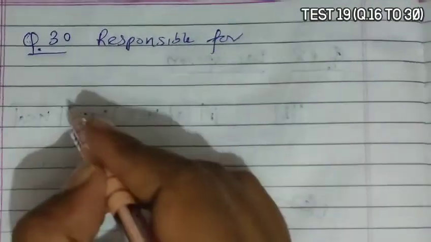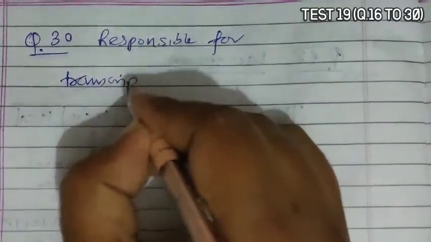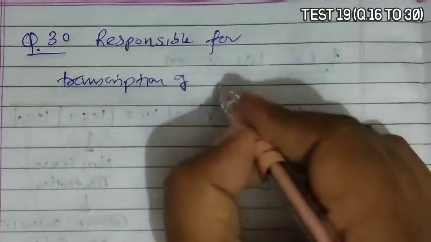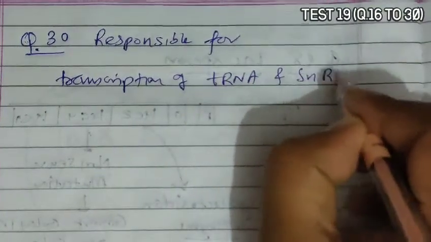Question 30 asks which of the following is responsible for transcription of tRNA and snRNA.